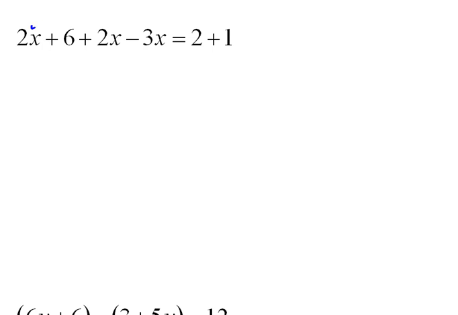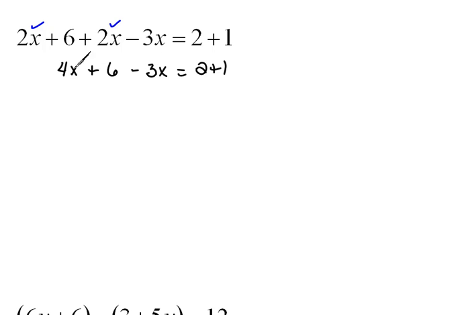We could put together, first of all, these two x's. 2x plus 2x would be 4x plus 6 minus 3x equals 2 plus 1. You can literally do one step at a time. Now, if you could put all of those x's together at the same time, that's okay also.